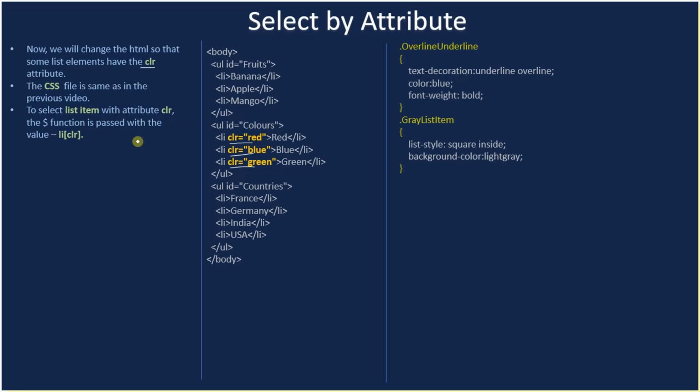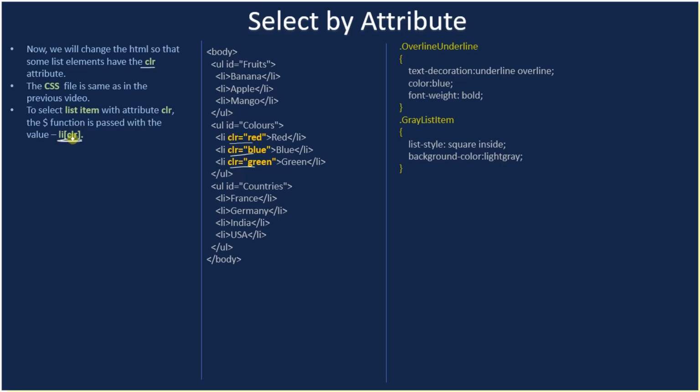To select list items with the attribute CLR, the dollar function is passed the value li[CLR]. Here li stands for the HTML element, and within square brackets we specify the attribute name.